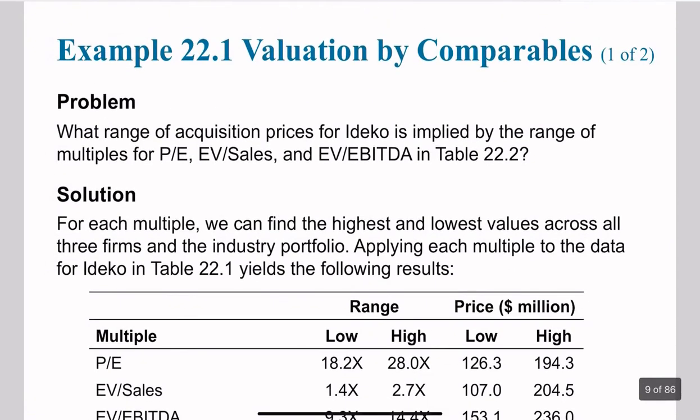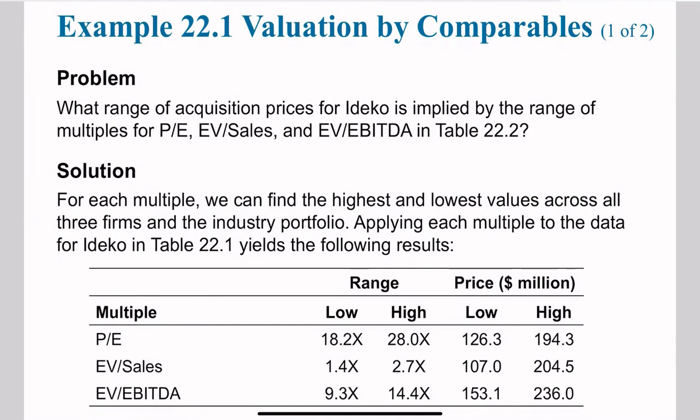Okay, so first let's finish this example. What range of acquisition prices for IDCO do we get from PE, EV sales, and EV EBITDA in the previous table? It basically says if you have these ratios, what kind of price you can get from them.